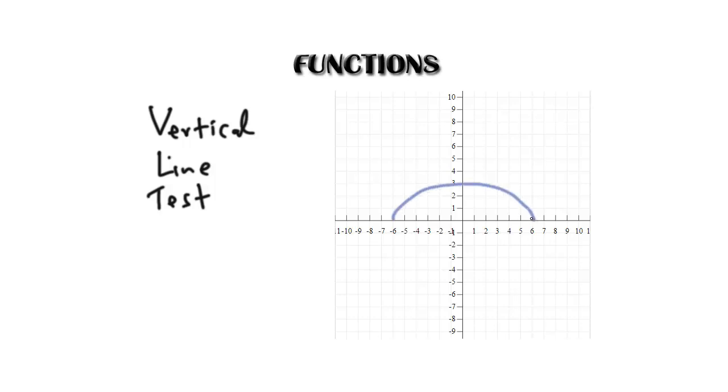And we want to know if that represents a function or not. So all you have to do is draw a vertical line straight down. Let's do it right here. If I can draw a vertical line and it crosses only at one point, that's the maximum number of times it crosses the graph.